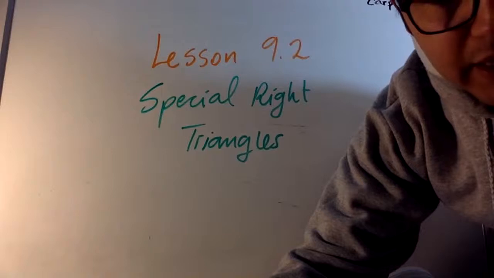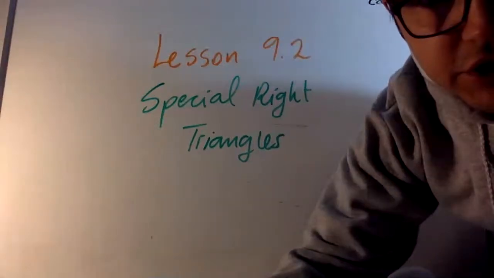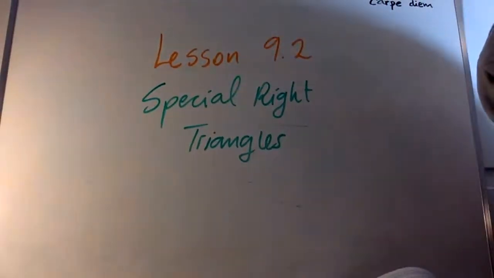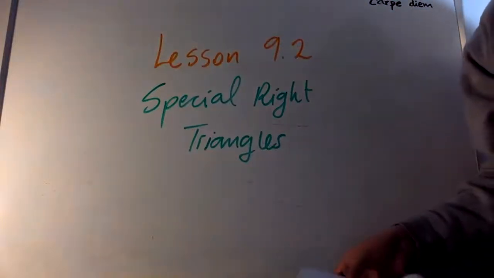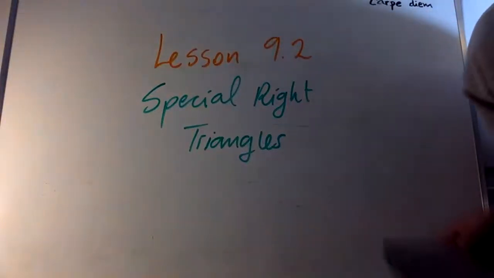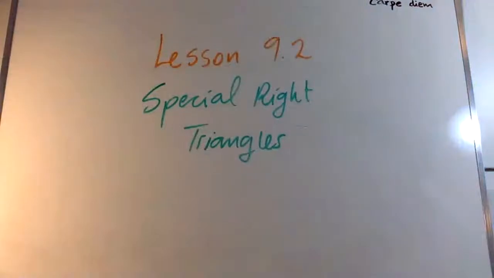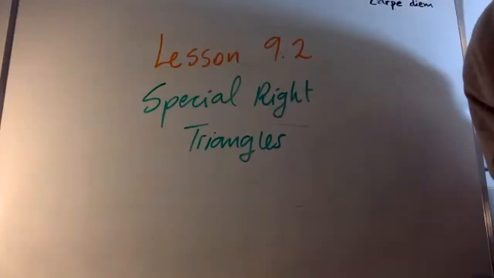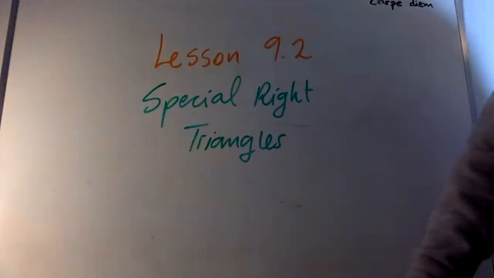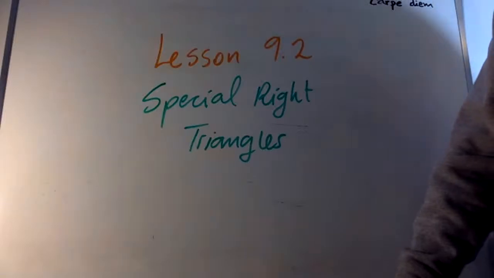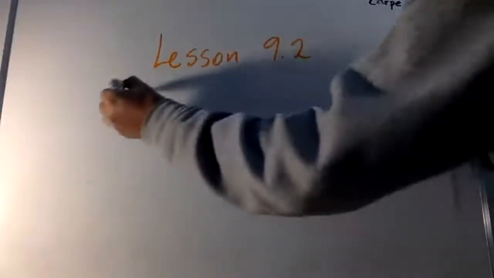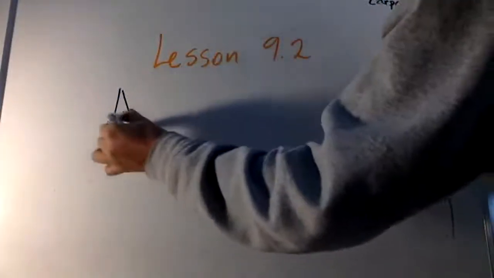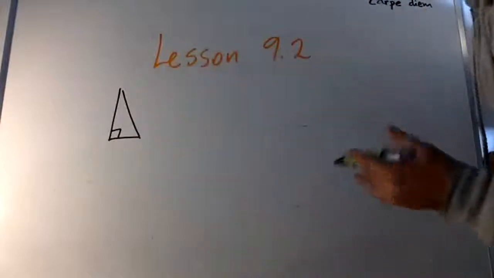Good. So what I'm gonna do now is teach that lesson. I'm going to go through 3 exercises, and if you have questions, just type the questions. This lesson is talking about the special right triangles, and it is linked to section 9.1 because of an interesting relationship called the Pythagorean Theorem.